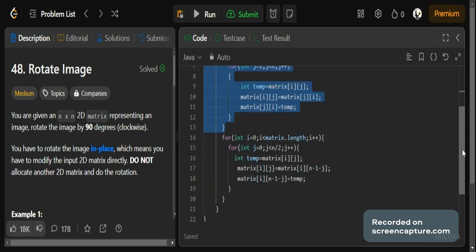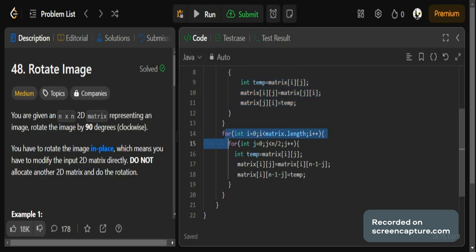Perfect. In the second loop, what I have done is that I have reversed each row. So whatever rows I get after taking the transpose of the matrix, I reverse the transposed matrix. For that, I have stored the matrix ij value, and I have changed the index: I have stored another matrix value which was at the last index of the row.